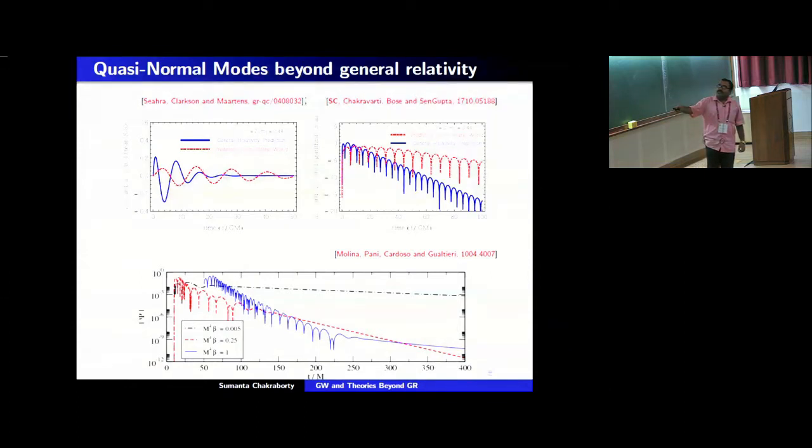So as you can see, the blue one in both the cases essentially corresponds to the general relativity curve, while the red one here corresponds to the prediction from brane world, and here the black and red both correspond to some deviations from general relativity. So as we see in both of them, after maybe 2 or 3 cycles, the alternative gravity quasi-normal modes start to dominate. And similarly here, this one goes down while the black one starts to dominate.